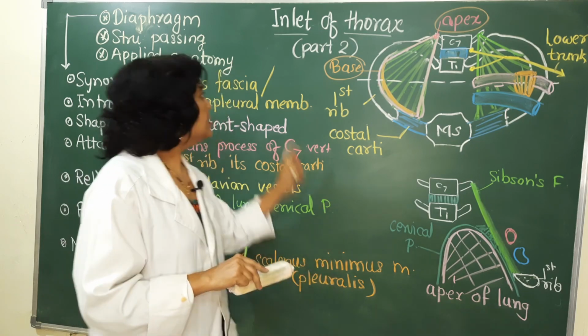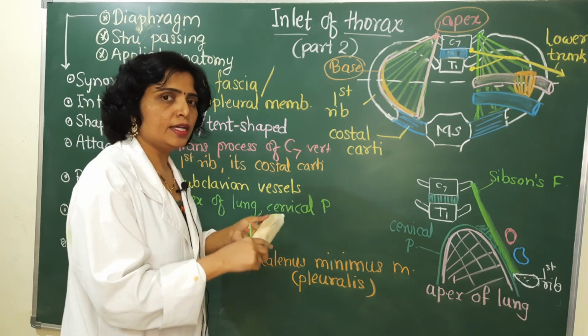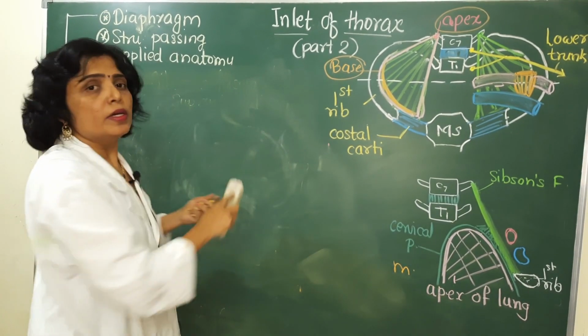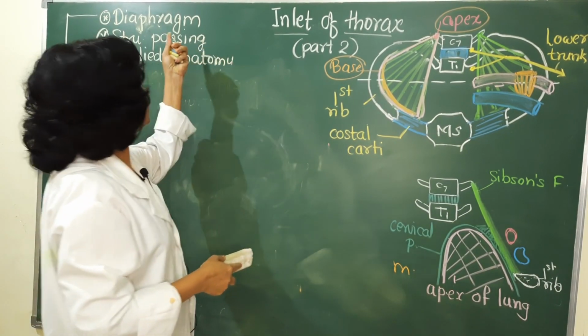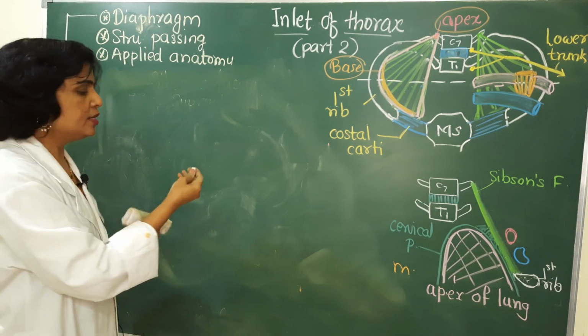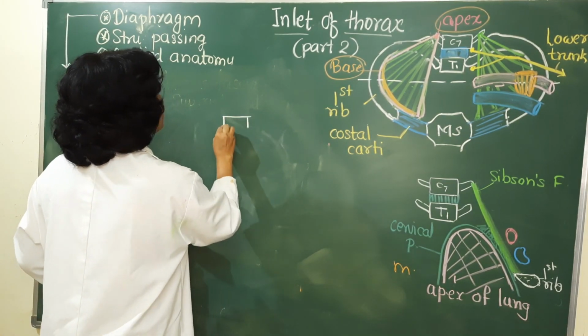Okay, now we will move over to the next topic, that is structures passing through the inlet of thorax. For that we will draw here again one diagram of inlet of thorax.